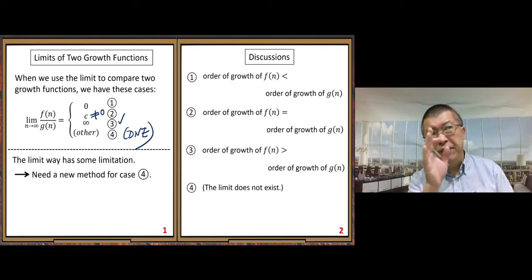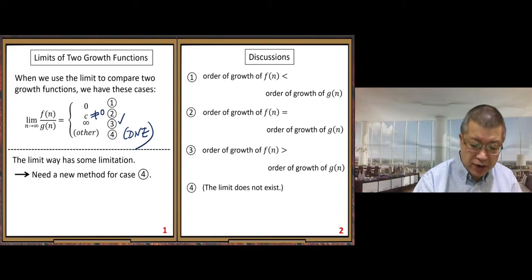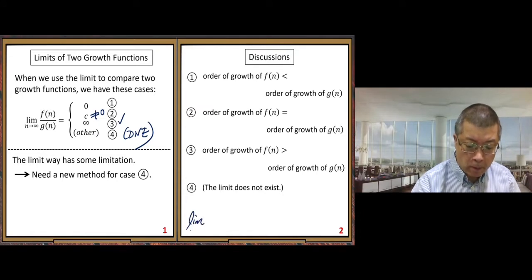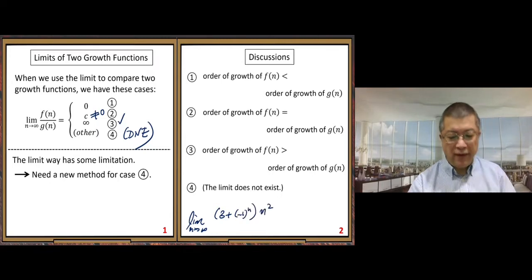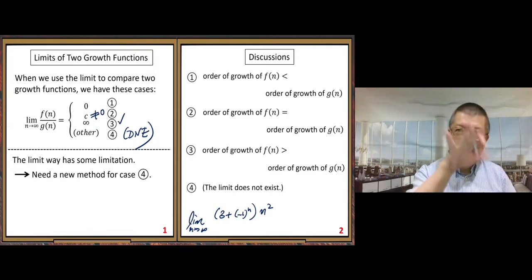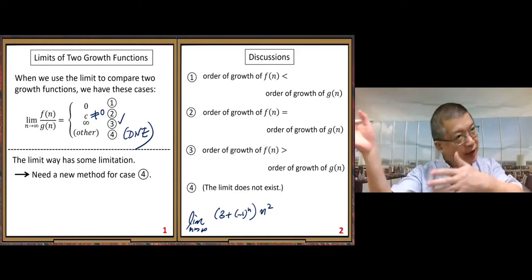Here, I would like to give you a simple example. Two functions. The first function: 3 plus (-1) to the nth power, in parentheses, times n squared.